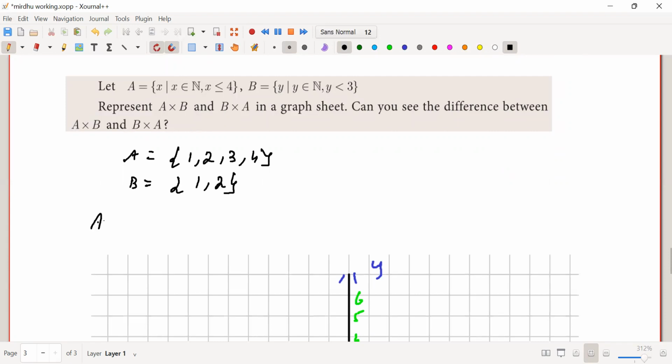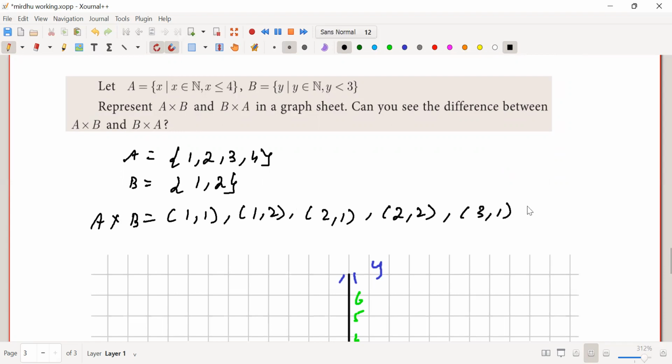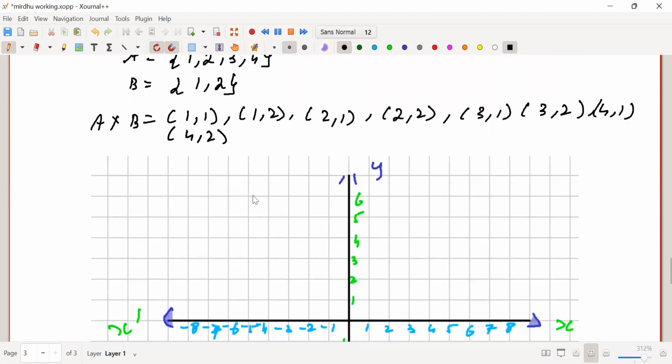What would be A cross B? 1,1; 1,2; 2,1; 2,2; 3,1; 3,2; 4,1; 4,2. Right? We have to put all these points here.